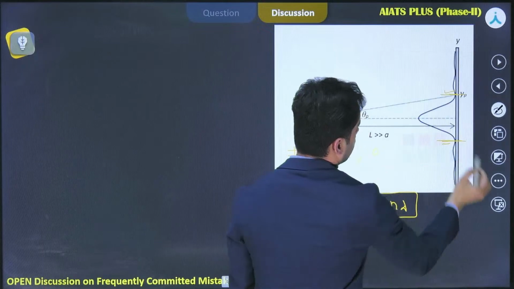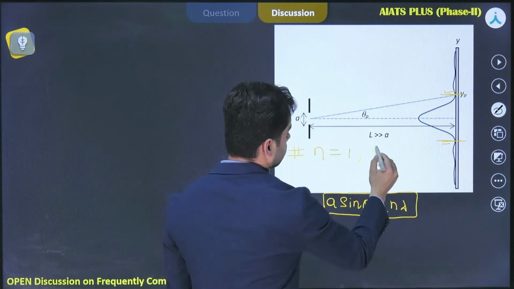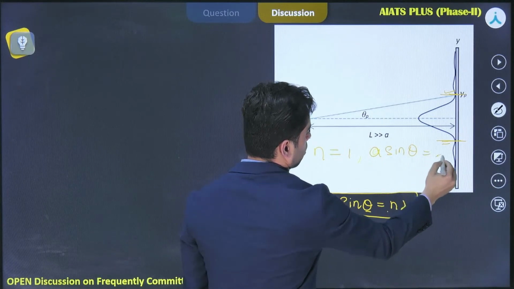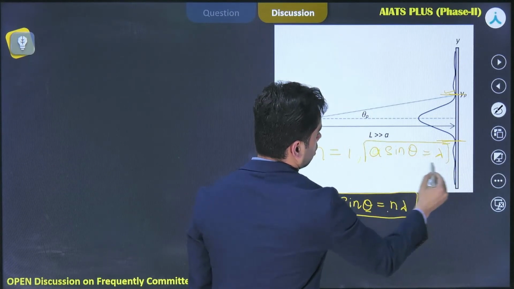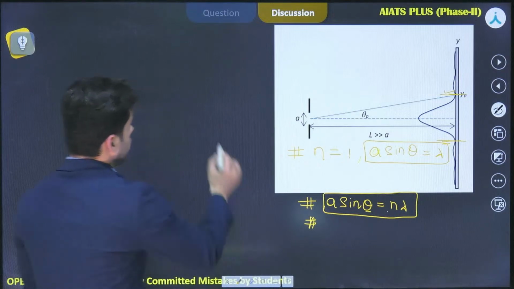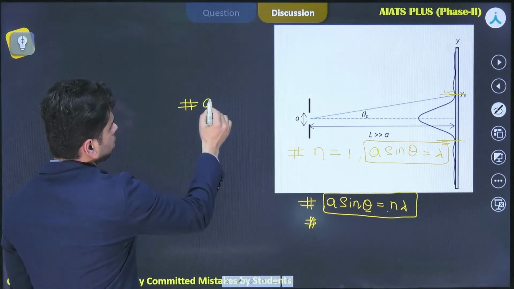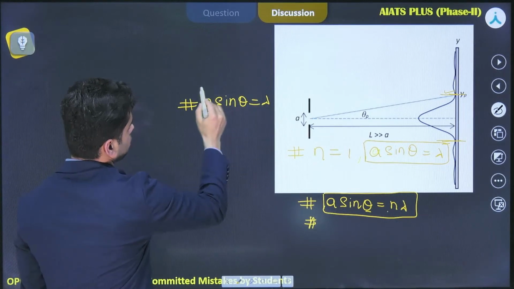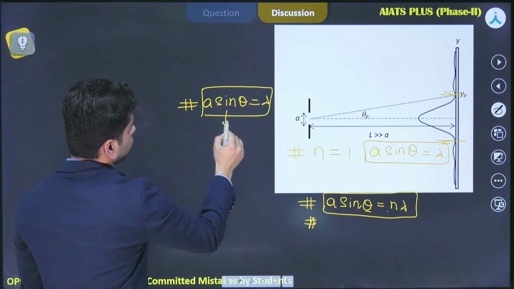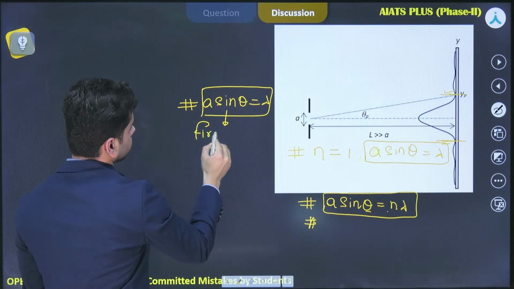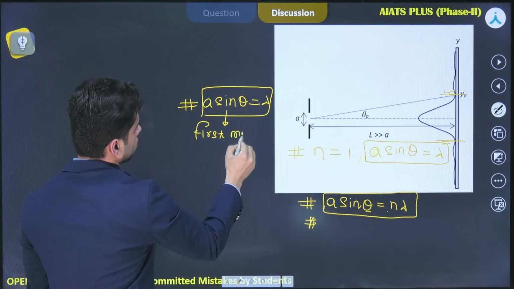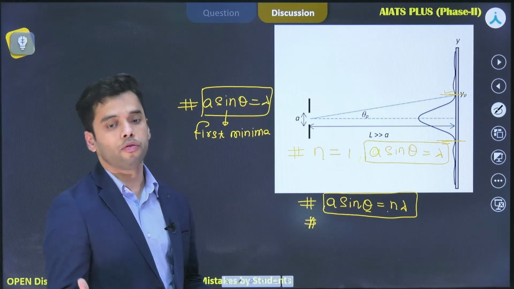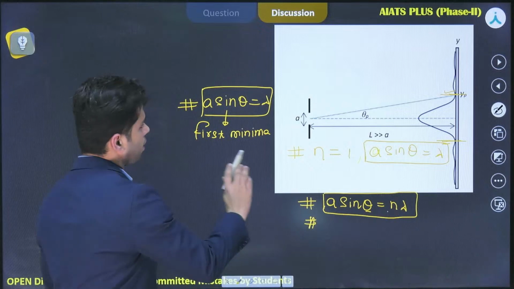So if n is equal to 1, I can write that a sine theta is equal to lambda. This is the condition for the first minima for the case of diffraction.